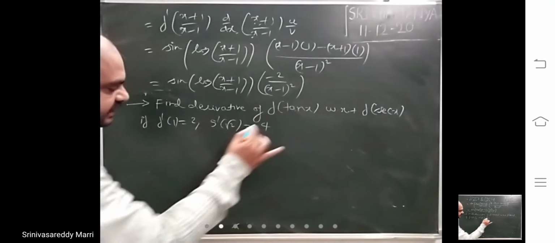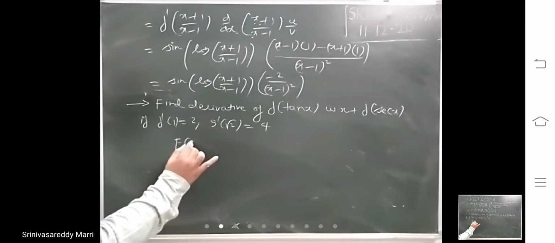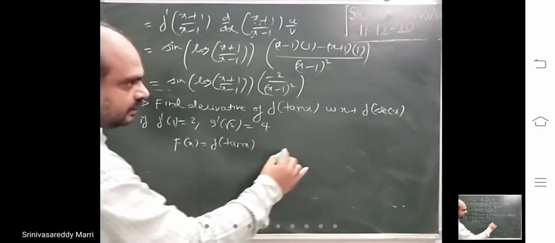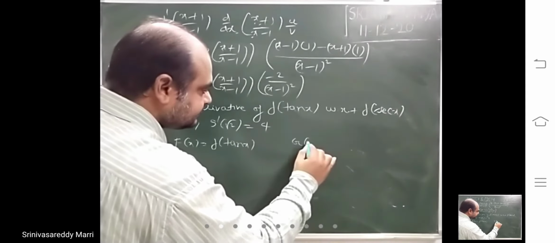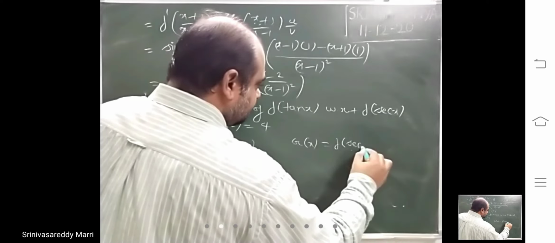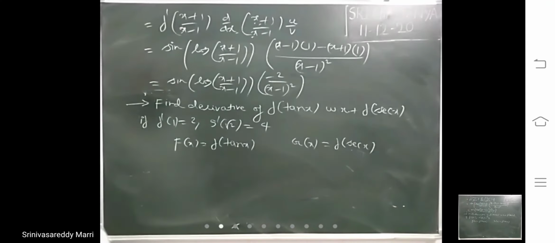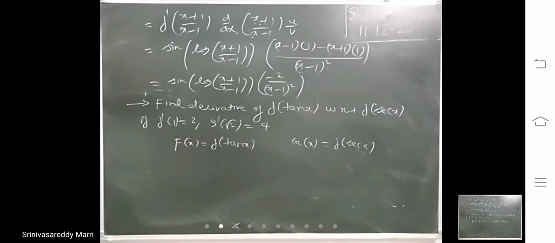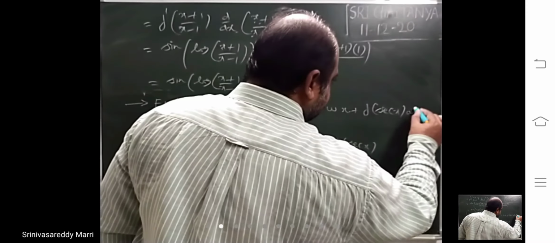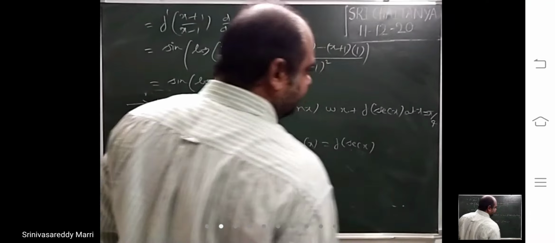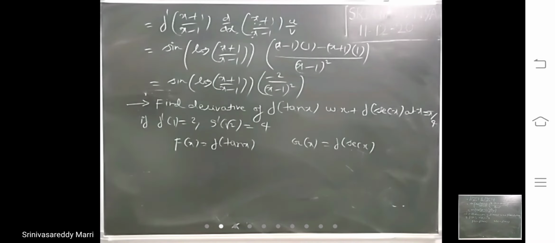So this function you take as capital F of x. This function you take as capital G of x. That means what you need to calculate, this is capital F of x, this is capital G of x, F dash x by G dash x, at x equal to pi by 4.